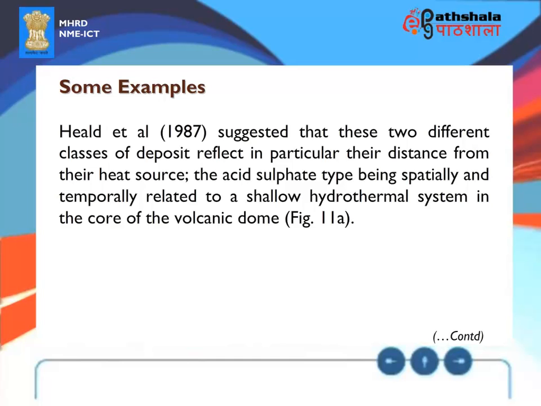Heald et al. 1987 suggested that these two different classes of deposit reflect in particular their distance from their heat source. The acid sulfate type being spatially and temporally related to a shallow hydrothermal system in the core of the volcanic dome, figure 11a.